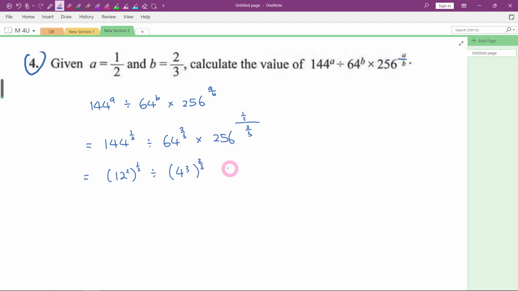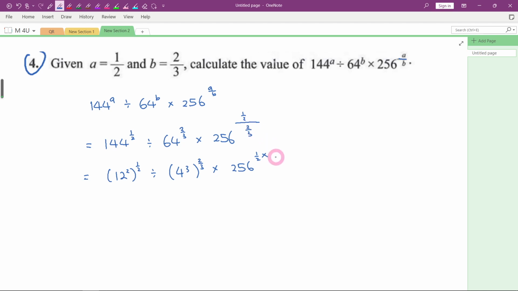Okay, so this 256, let me copy first. Or I can change to 6 power 3. Oh, sorry, not 6 power 3. 256 should be equal to 16 square. Okay, how about I don't want to change it first. I just copy first. 1 over 2 divide. We can change it become multiply, and we flip over the denominator and numerator.